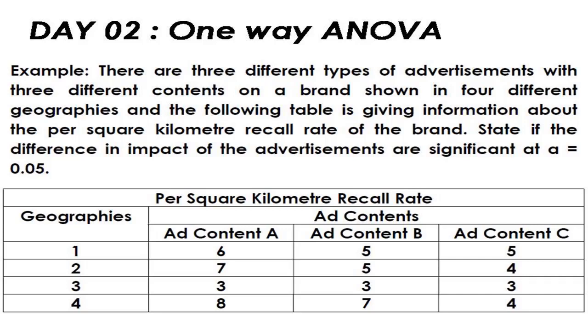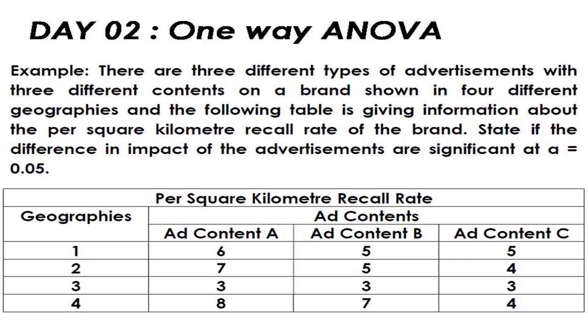Here alpha stands for the level of significance, friends, and here you can see in this table the per square kilometer recall rate for three different ads. Three different ads means they have three different types of contents: in the first column ad content A, in the second column ad content B, and in the third column ad content C. And there are four different geographies in which these advertisements have been shown.